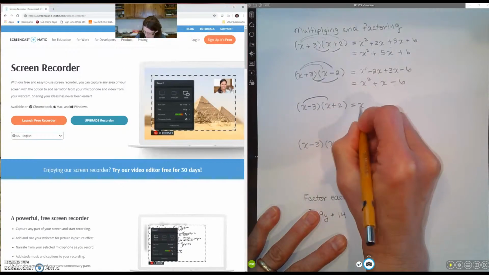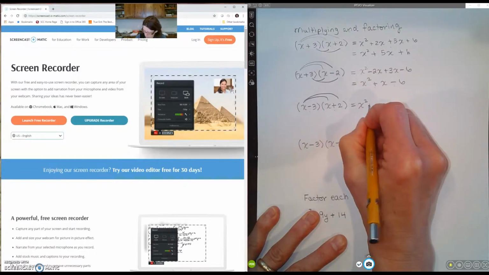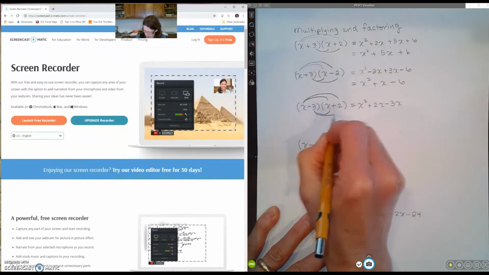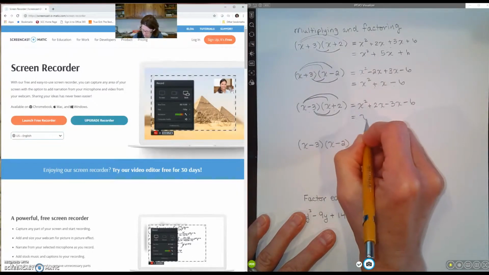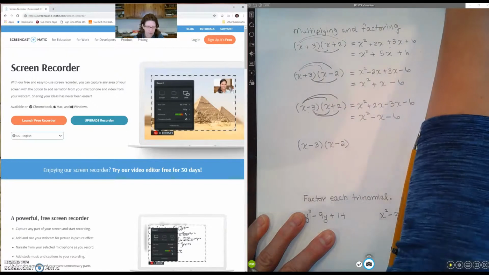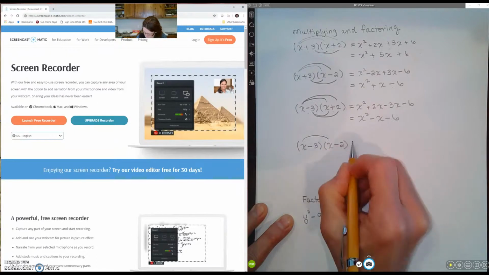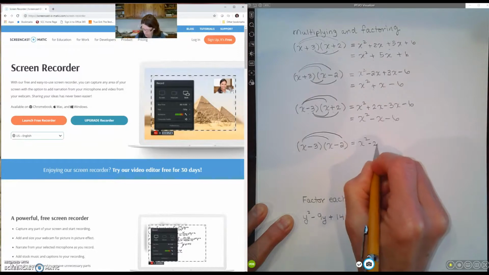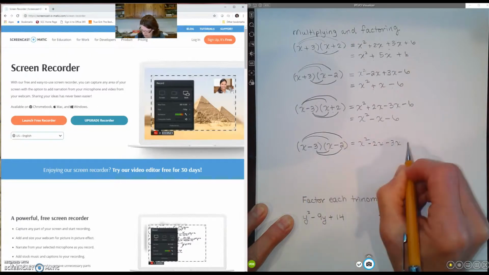Continuing, multiplying x minus 3 times x plus 2 gives x squared plus 2x minus 3x and minus 6. Combining like terms, we've got x squared minus x minus 6. And lastly, x minus 3 times x minus 2 gives x squared minus 2x minus 3x and plus 6.